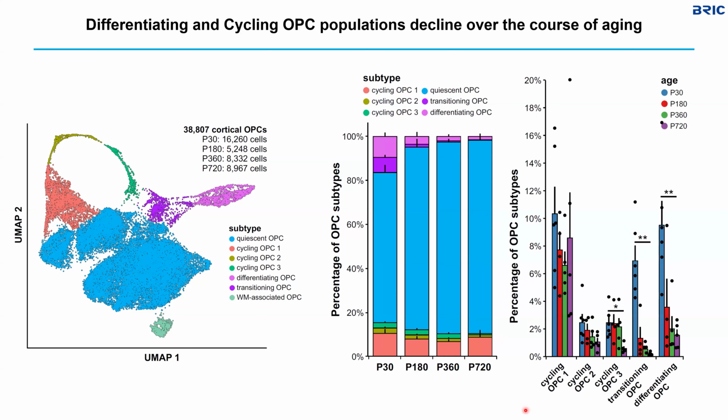Here's a different way to look at the same exact data, now separating them into different subtypes of OPCs. You can see that over the course of aging, blue to purple, cycling OPC3, transitioning OPCs, and differentiating OPCs are the populations that are undergoing significant change with aging.